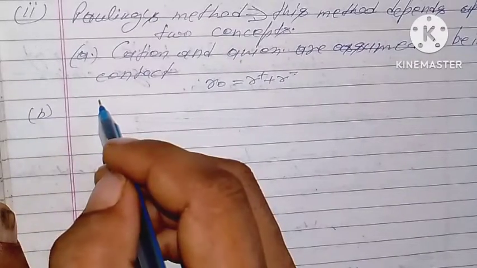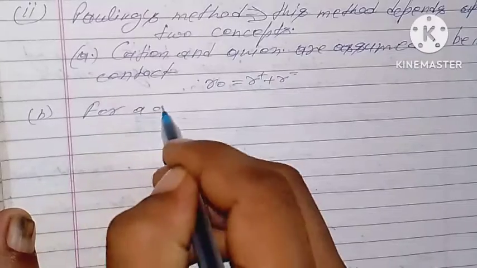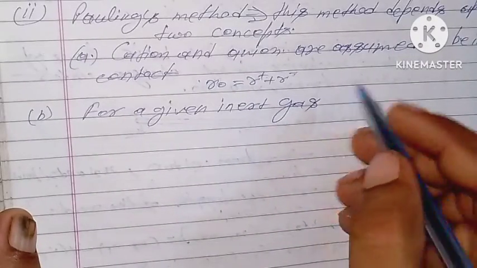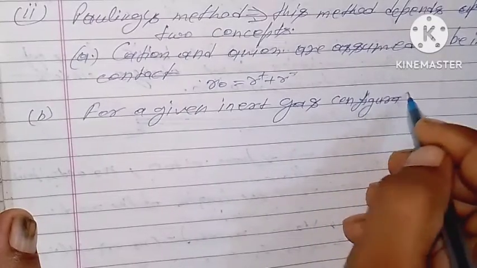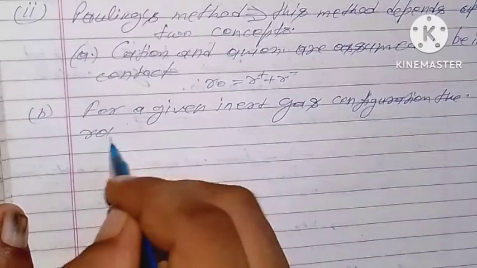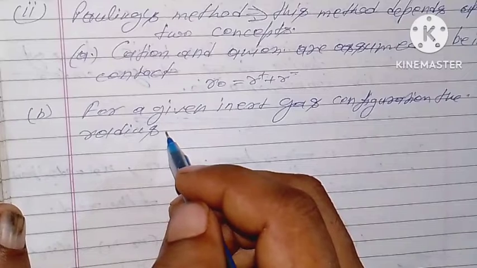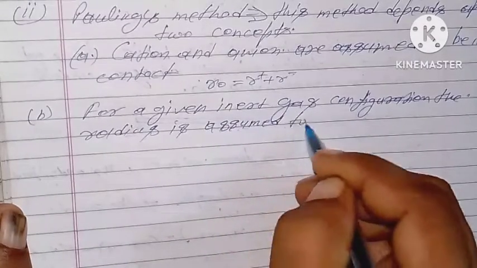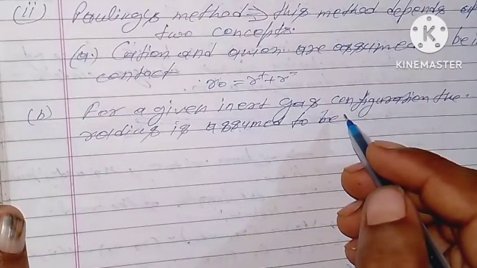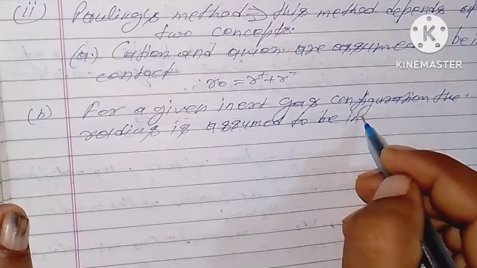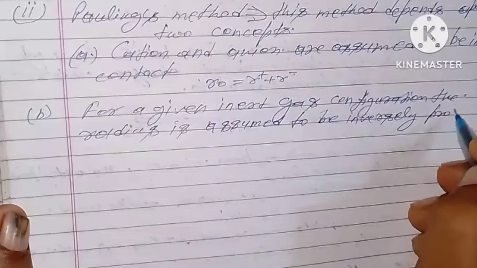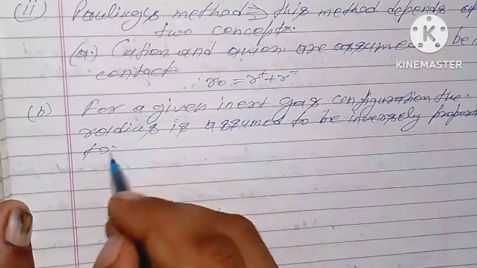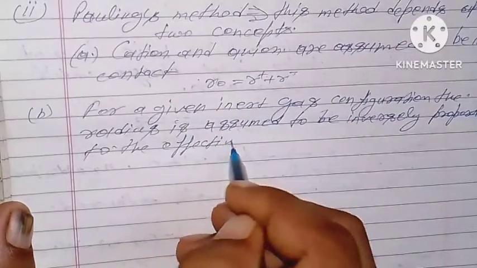Second, for a given inert gas configuration, the radius is assumed to be inversely proportional to the effective nuclear charge.